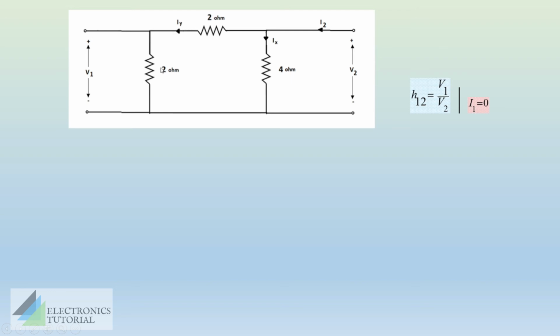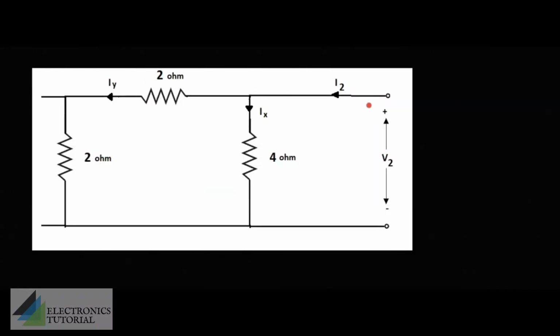Iy is the current flowing through the 2 ohm resistor. By using Ohm's law, we can write the voltage across 2 ohm as I into R, that is Iy into 2. Here the total current is I2. This will be flowing till this point, and after that it will be splitting into two branches, Ix and Iy.